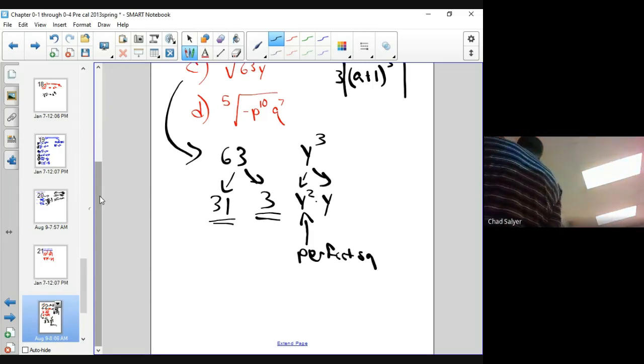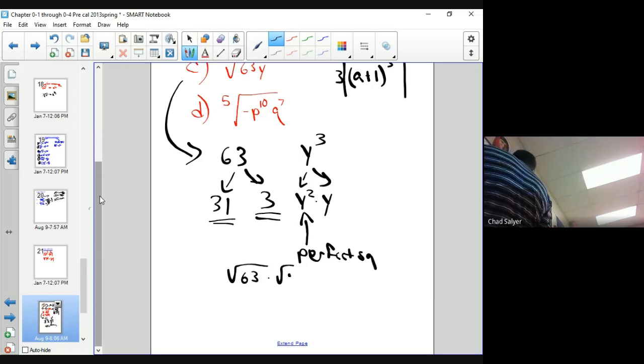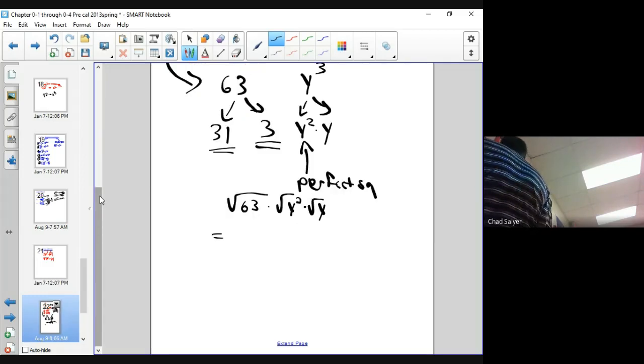So I can rewrite this as the square root of 63 times the square root of y squared times the square root of y, breaking up all those parts. Radical 63 times y, even, odd, and then times the square root of y.